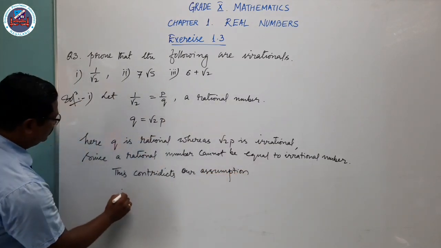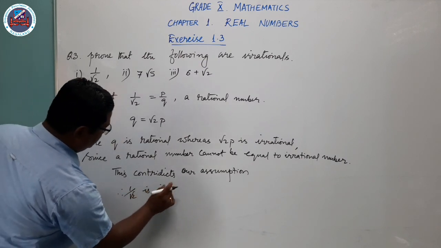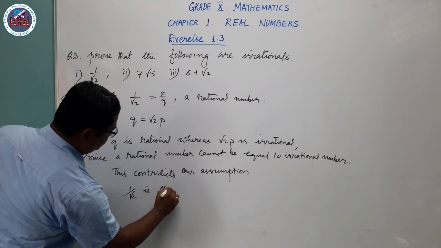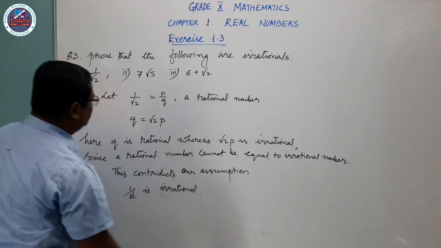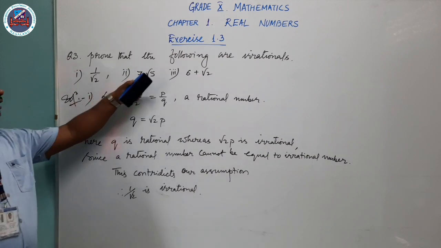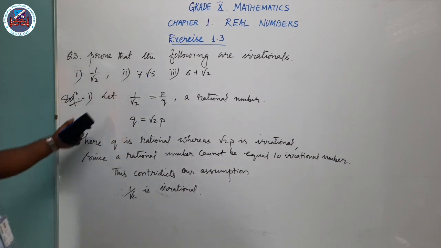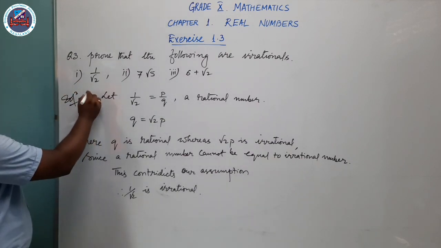Therefore, 1 by root 2 is irrational. In this way you can write down. The next one, that is the second one, 7 root 5. The same way you proceed.